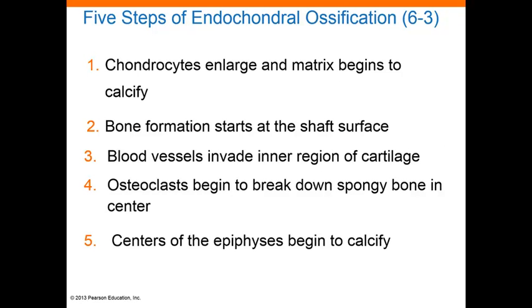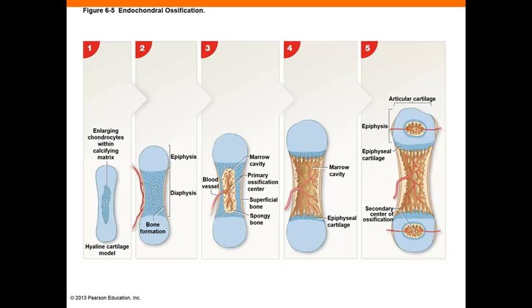Embryonic cartilaginous skeletal structures are replaced by true bone in a series of 5 steps listed here. And you can take a look at figure 6-5 as I discuss these 5 steps. So chondrocytes are going to enlarge in the first step, and the matrix will begin to calcify.